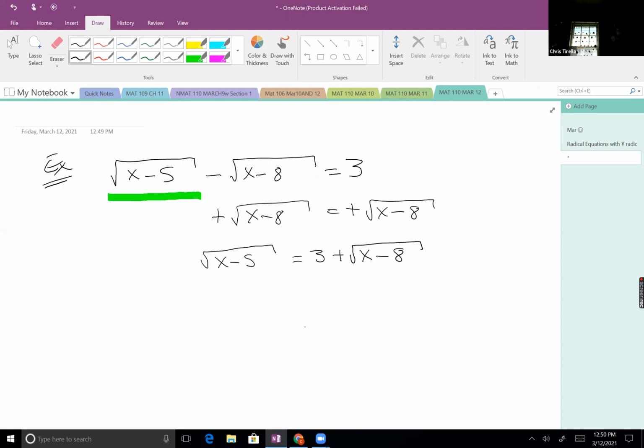Am I correct in assuming that everybody's okay with that part? If so, the next thing that we want to do is square both sides.